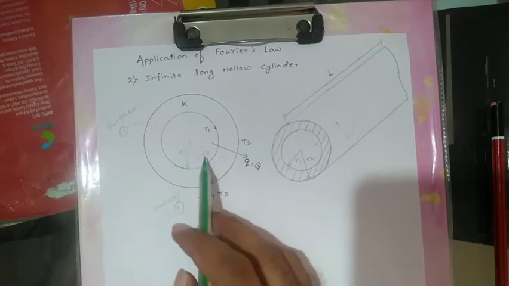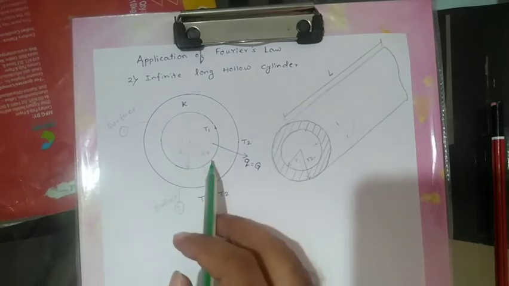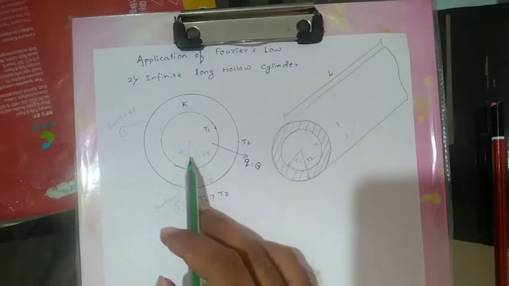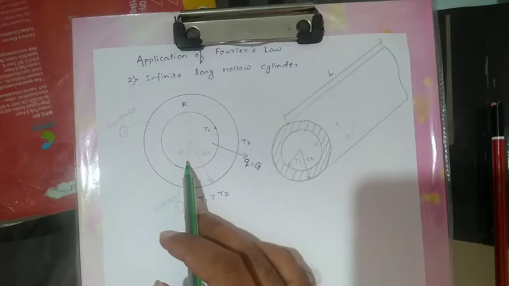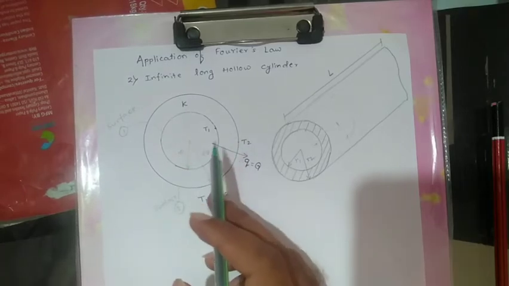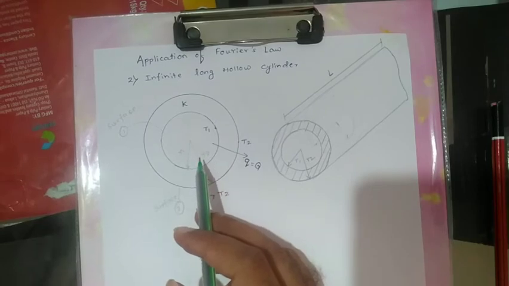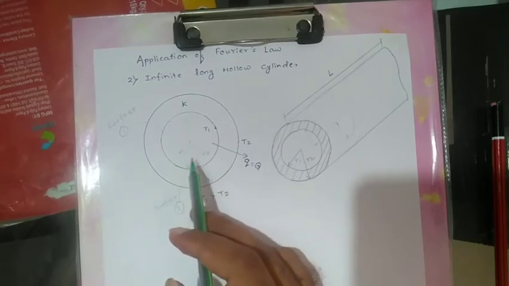Now the question arises, why are we learning this? As we all know, most mechanical engineering problems have some fluid flowing through hollow cylinders, hollow tubes. An example is steam flowing through tubes.